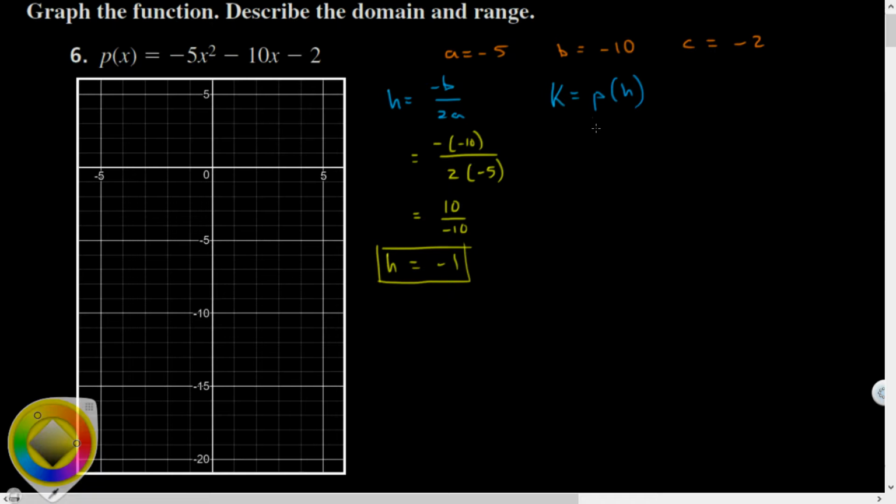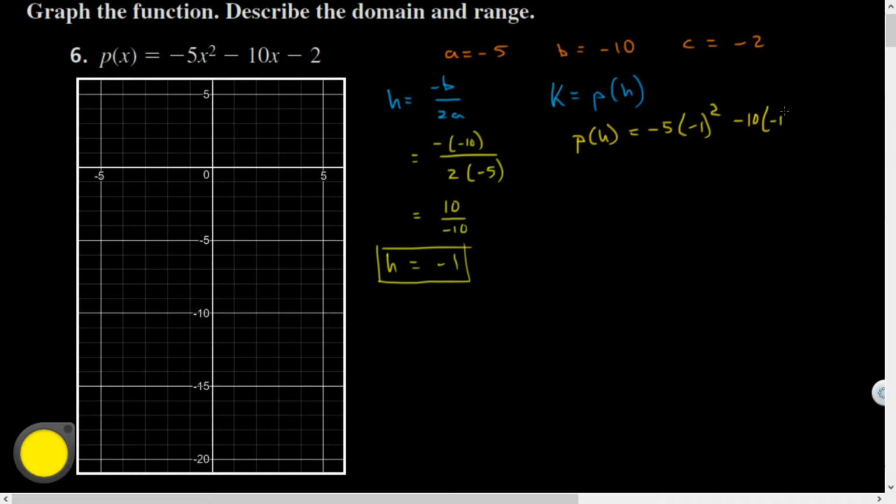So p of h is going to equal negative 5 times negative 1 squared minus 10 times negative 1 minus 2. And let's be careful with our PEMDAS in here. So negative 5 times negative 1 all squared is positive 1. Negative 10 times negative 1 is plus 10. And then minus 2.